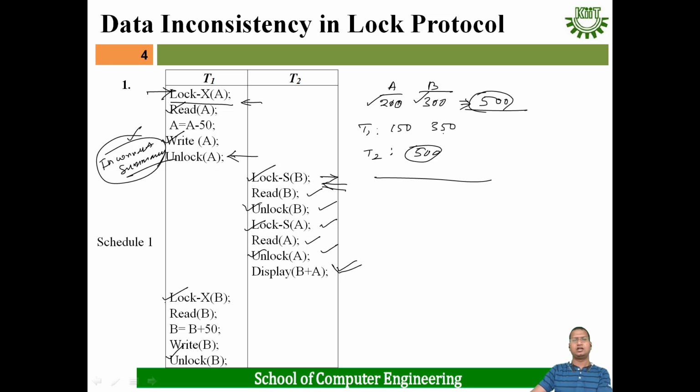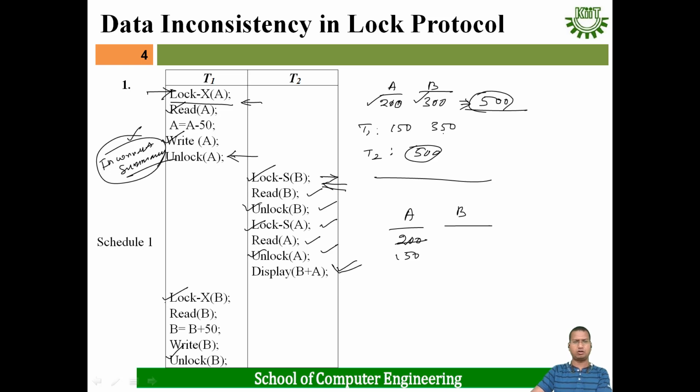Suppose initially lock X is applied, then read A. The balance of A will be how much? It will read 200. Then A equals A minus 50, so now the A balance will be 150. Then write A, 150 will be written to the buffer, then unlock it. No problem.